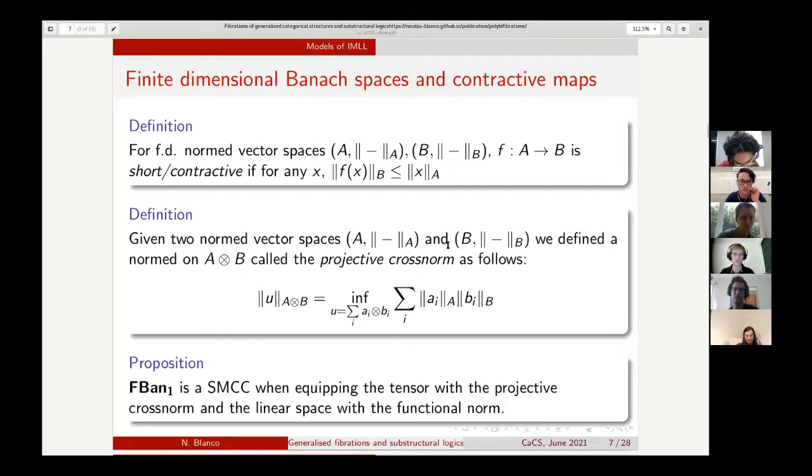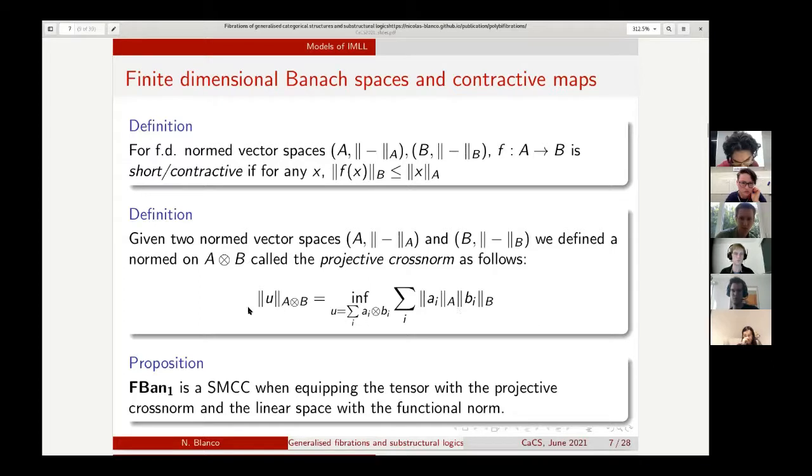And there are several notions of norm that you can put on the tensor product. One will be of interest for us, which is the projective crossnorm. So it's defined in this way. The definition doesn't really matter. What matters is that it gives us a monoidal structure on Banach spaces and contractive maps.